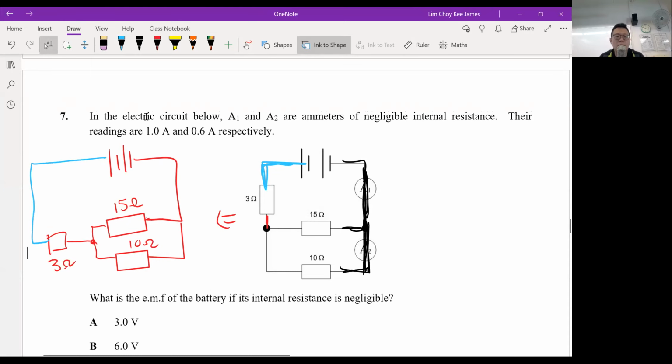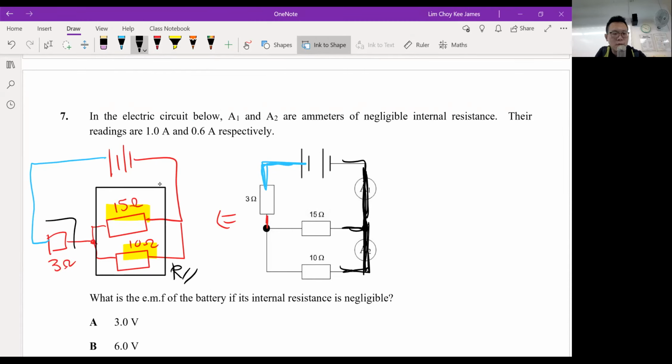If you lengthen the wire, it's fairly obvious that these 3 resistors are arranged in the following format: the 15 ohm is parallel to the 10 ohm, which is parallel to this 10 ohm. Then this particular set of resistors, let me use a different color, is what we call R parallel.